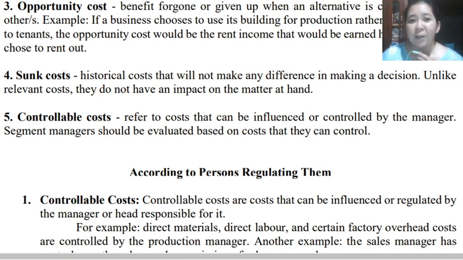And lastly is controllable costs. What are controllable costs? These are the costs that can be influenced or controlled by the manager. In a large organization or business entity, they have different segments or divisions, and each of these divisions has managers or supervisors.